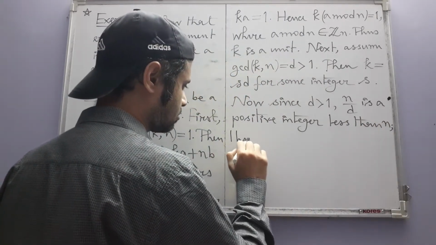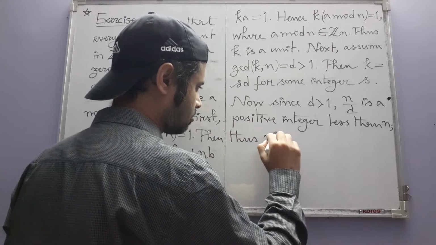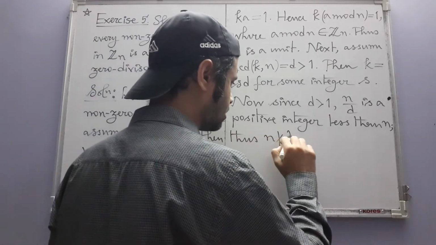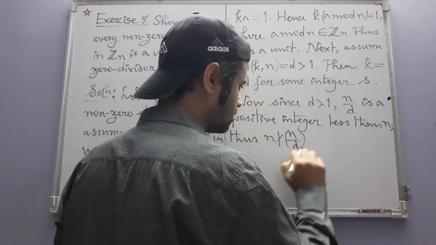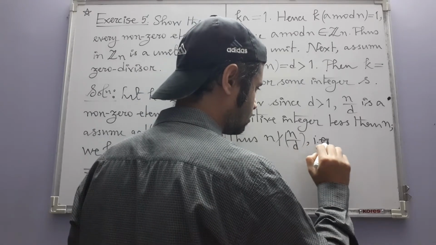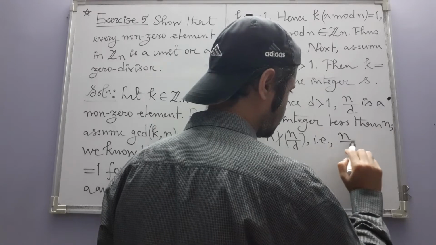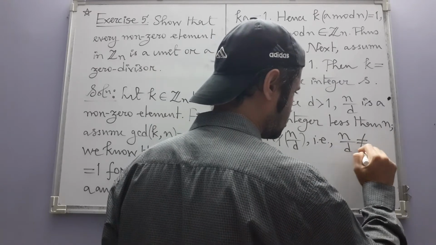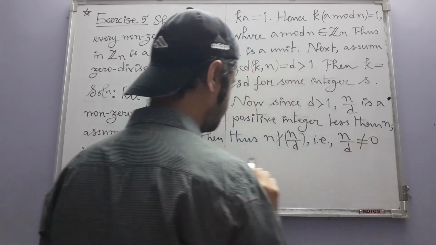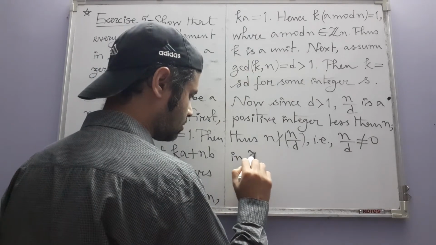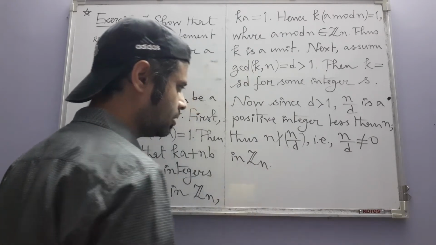Thus, n does not divide n divided by d, i.e. this is non-zero in our ring.